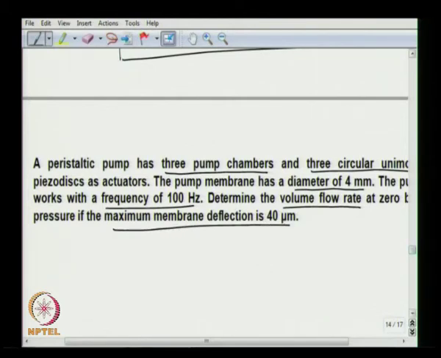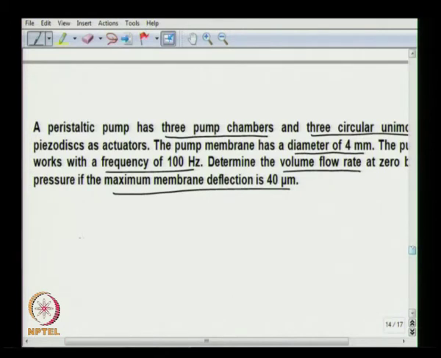First, we can make an assumption that the deflection of the membrane follows that of a thin circular plate.